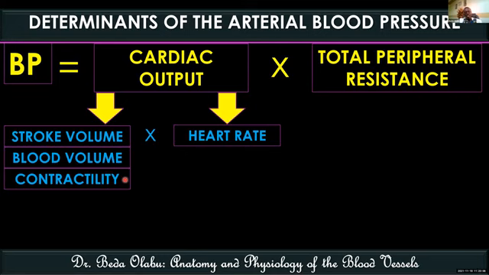Remember the parameters that will affect blood volume, things like amount of fluid intake, renal function, and the like. The things that will influence contractility: sympathetic and parasympathetic effects on the heart, drugs, some hormones like thyroid hormones and adrenaline, they affect contractility.